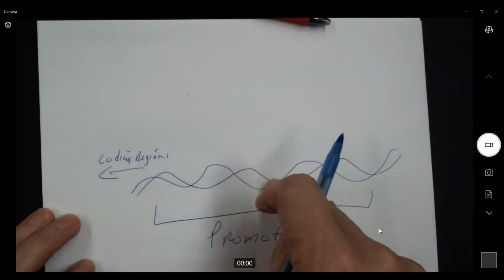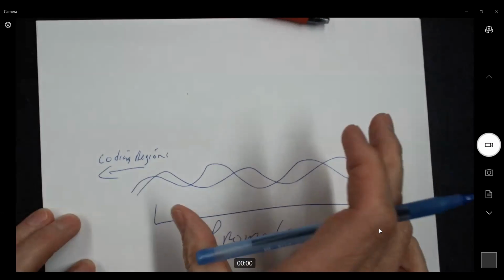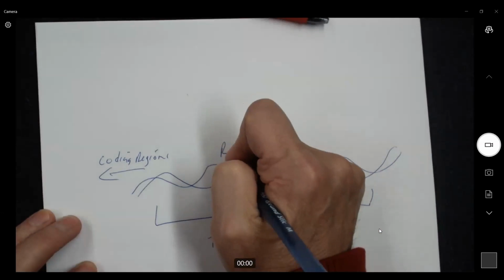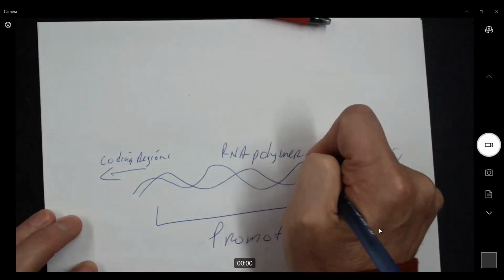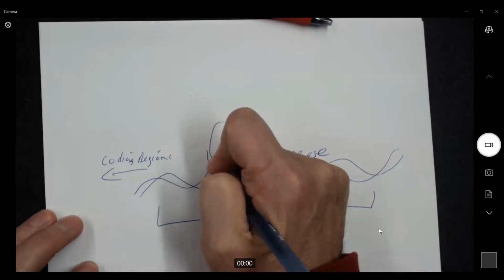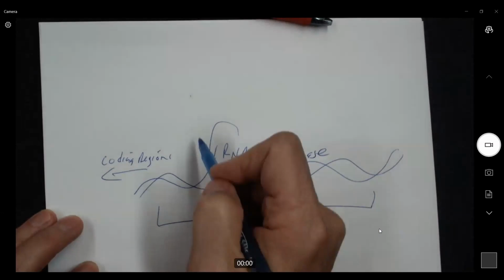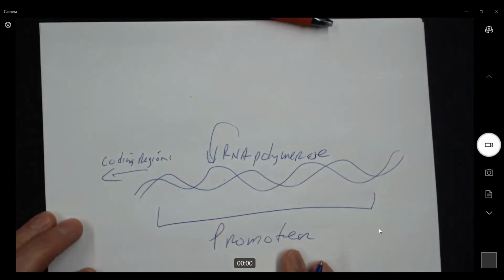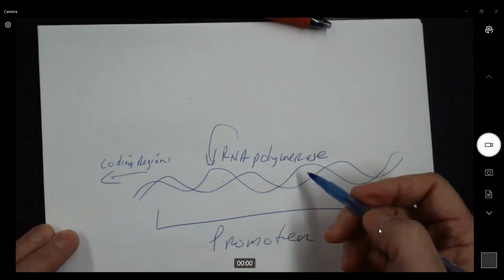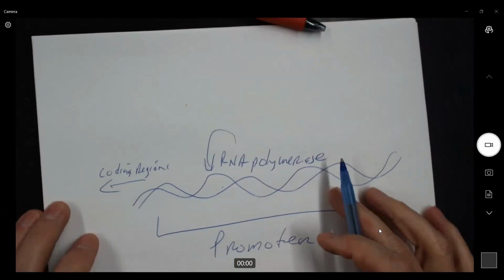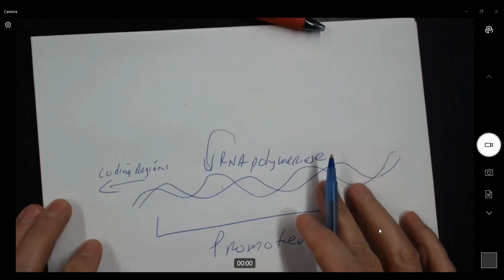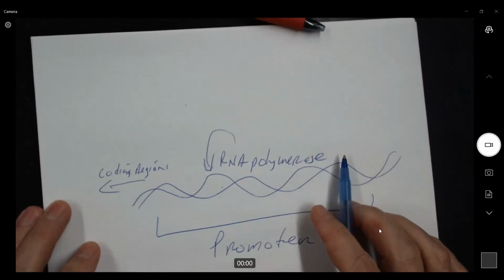And in order to express this gene, we need to get RNA polymerase to bind somehow to this DNA and start transcription. Now, RNA polymerases in eukaryotic cells don't do that easily at all. So they need help. And from whence does their help come?